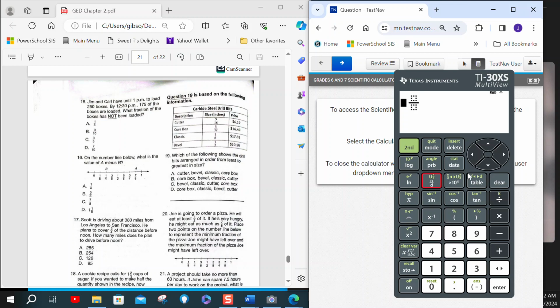Oh, I shouldn't have pressed. Let me clear this out. So you would hit N over D. You add 9 divided by 16. Oh, that gave me a syntax error. I didn't press the down button. So it'd be 9 over 16.